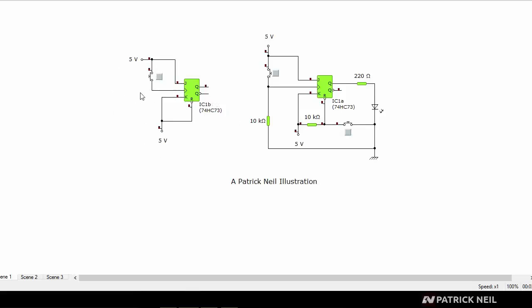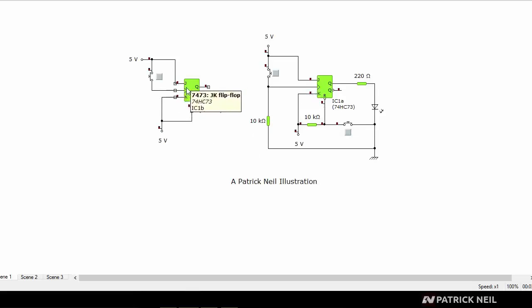Now, if you carefully look at this flip-flop, it is a positive edge flip-flop, so it reacts from a low to high. So the signal on this input is called the clock input, and the way you can know the clock input in any circuit is that it has this little arrow on it.